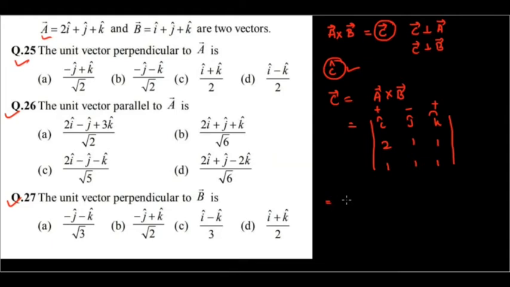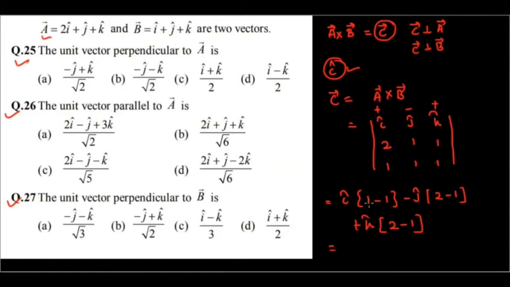So first I'll write i cap, then I have 1 into 1, that is 1, minus 1 into 1, that is 1, so 1 minus 1 is 0. Then minus j cap, then we have 2 into 1, that is 2, minus 1 into 1, that is 1. Then k cap, whole into 2 into 1, that is 2, minus 1 into 1 is 1.